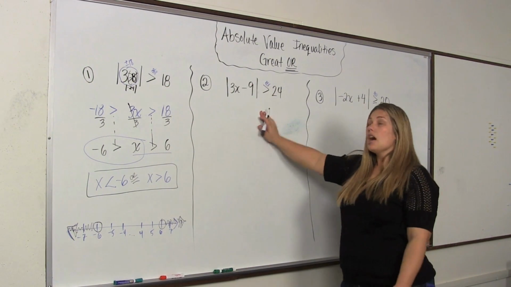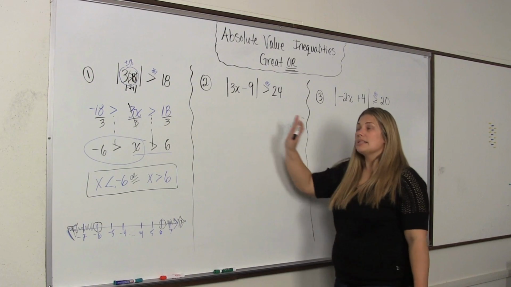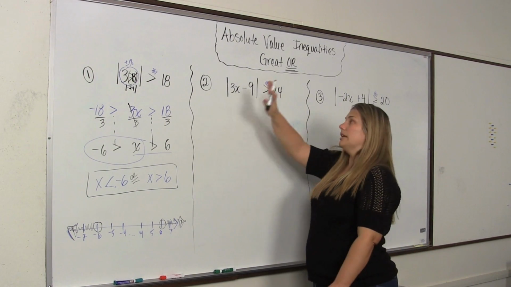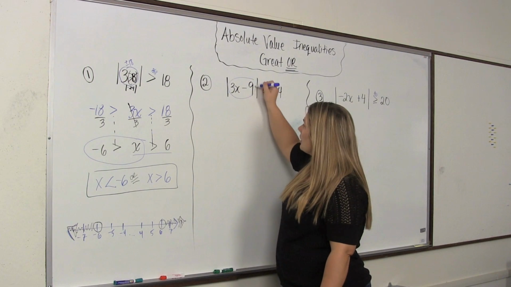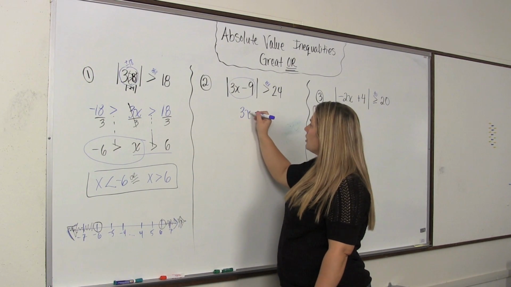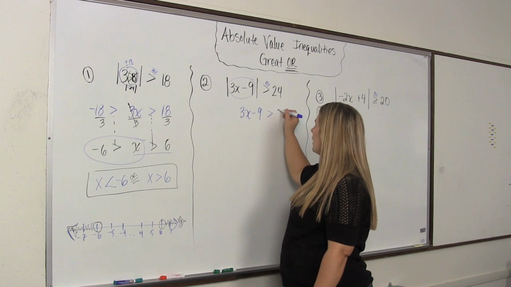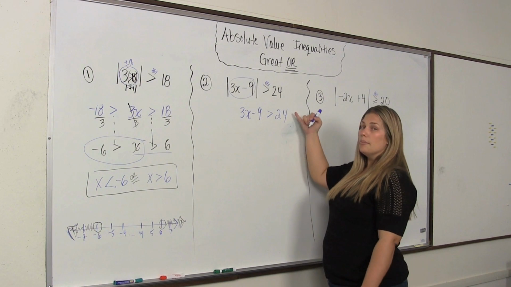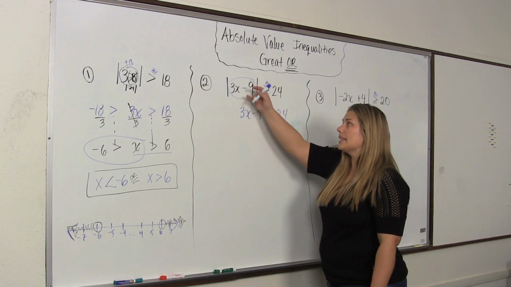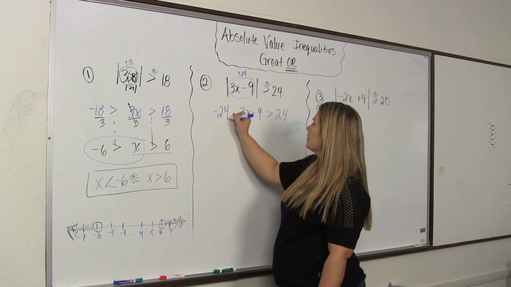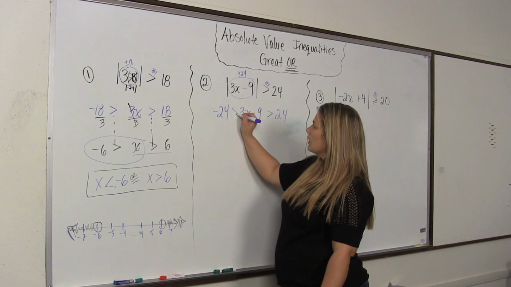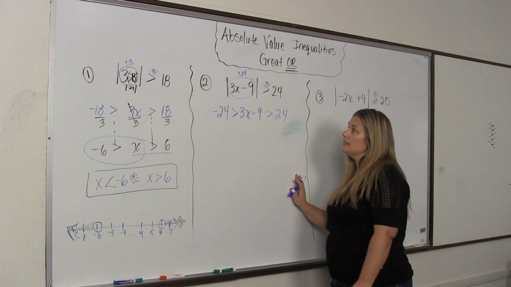So it's the same concept as we move on, except instead of just a one-step inequality, it's going to turn into a two-step. So everything inside that absolute value bar should still be greater than that 24. But remember, inside the absolute value bars, I can have a positive or a negative 24. I leave my inequality sign the same on both sides.